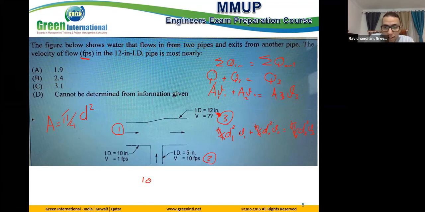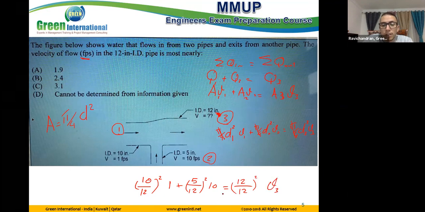You understand me? Because when you see with me also 12 squared, v1 is 1 feet per second, plus the other one is 5 inch by 12 squared, multiply 10, which is equal to 12 by 12 squared, v3 required. So this 12 is cancelled with this one, and with this one.